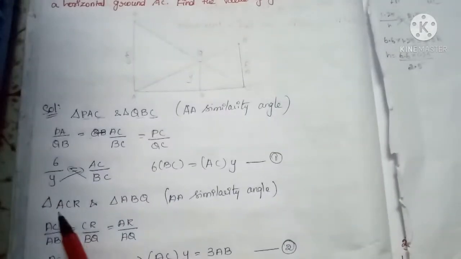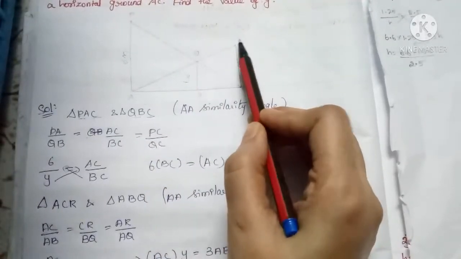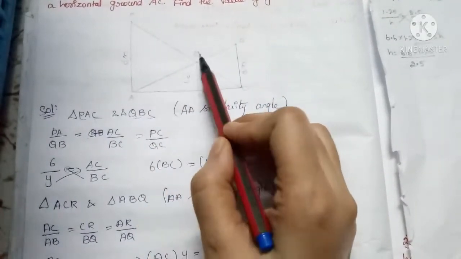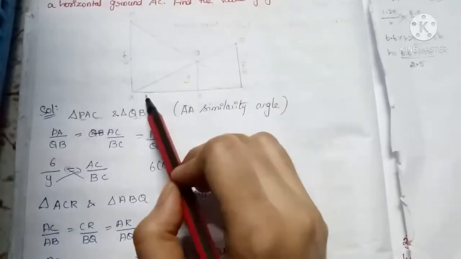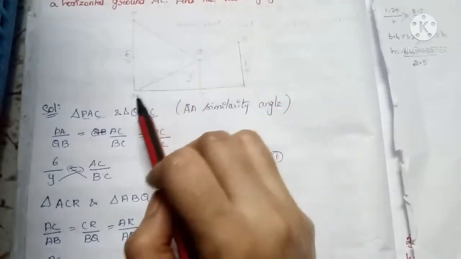Next, let us see the triangle ACR and triangle ABQ. If we take this direction, you have to take this angle also in that direction alone. Angle ACR is equal to angle ABQ.